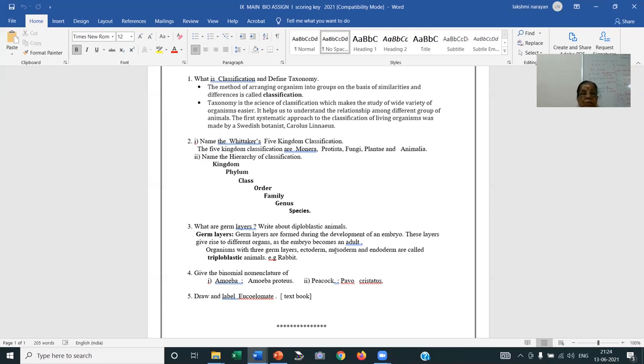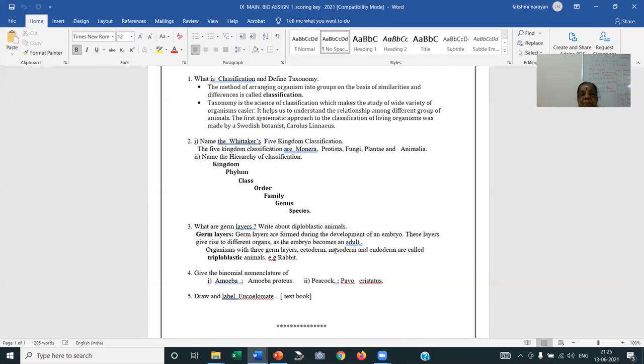So I repeat, an organism with the germ layers ectoderm and endoderm is called a diploblastic animal, and the middle layer is in the form of a tissue-like substance called mesoglea. Example, coelenterates, all the animals included under phylum Coelenterata.